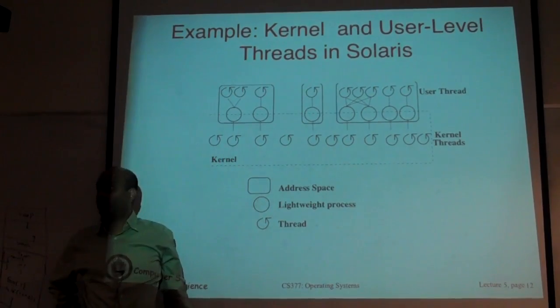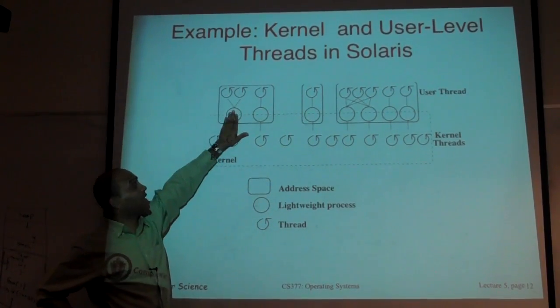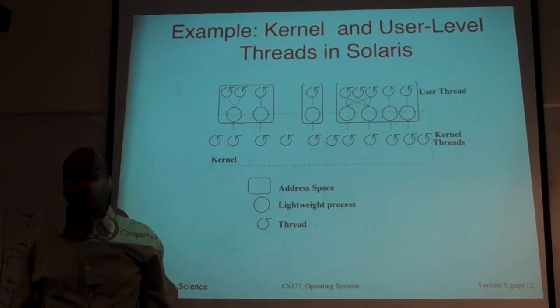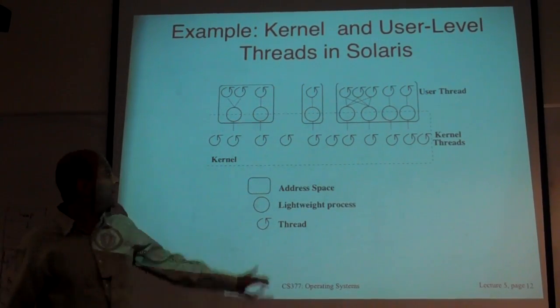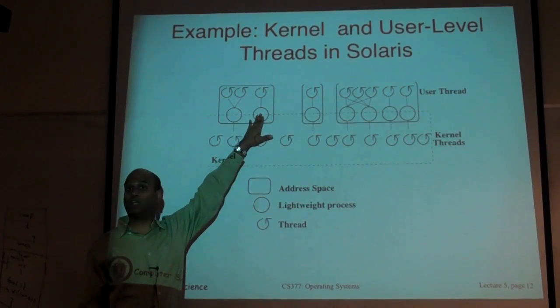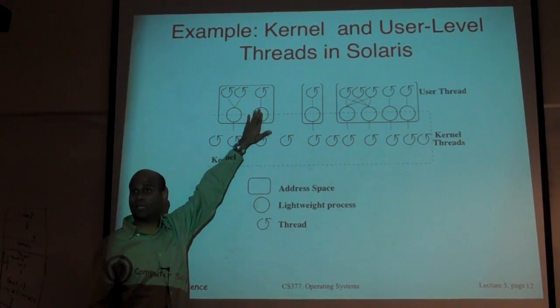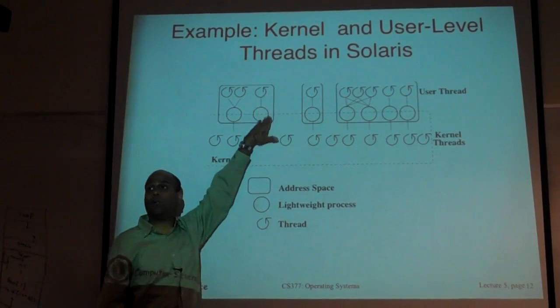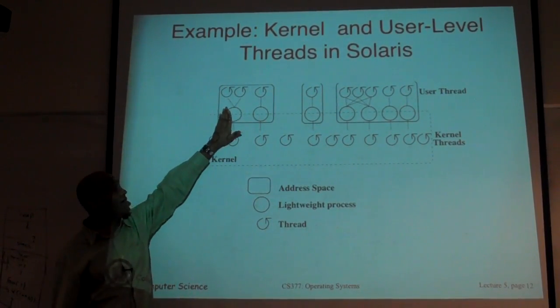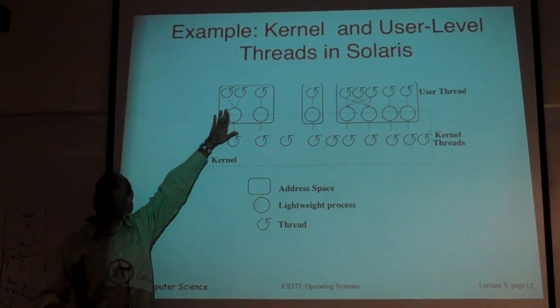It has 2 lightweight processes, and these 2 threads are mapped to this lightweight process. This thread is mapped to that lightweight process. As far as the kernel goes, it is going to decide whether to schedule this lightweight process or that one. If it schedules this lightweight process, then that thread will automatically run because there's only one thread mapped onto it.